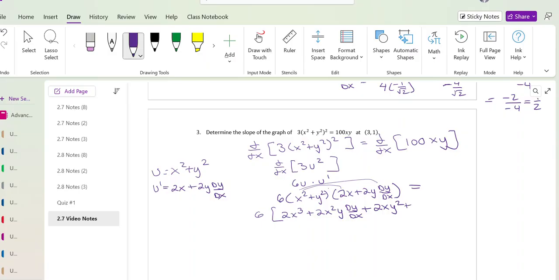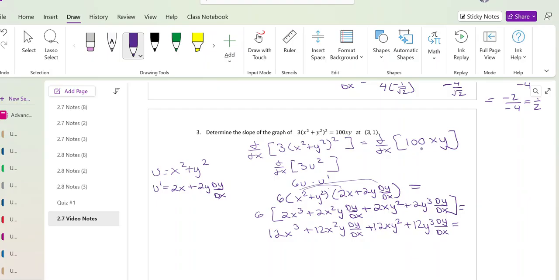And then here it's plus 2y to the third dy dx. And then multiplying by 6, you get 12x to the third plus 12x squared y dy dx plus 12xy squared plus 12y to the third dy dx. Okay, so that's the left side.